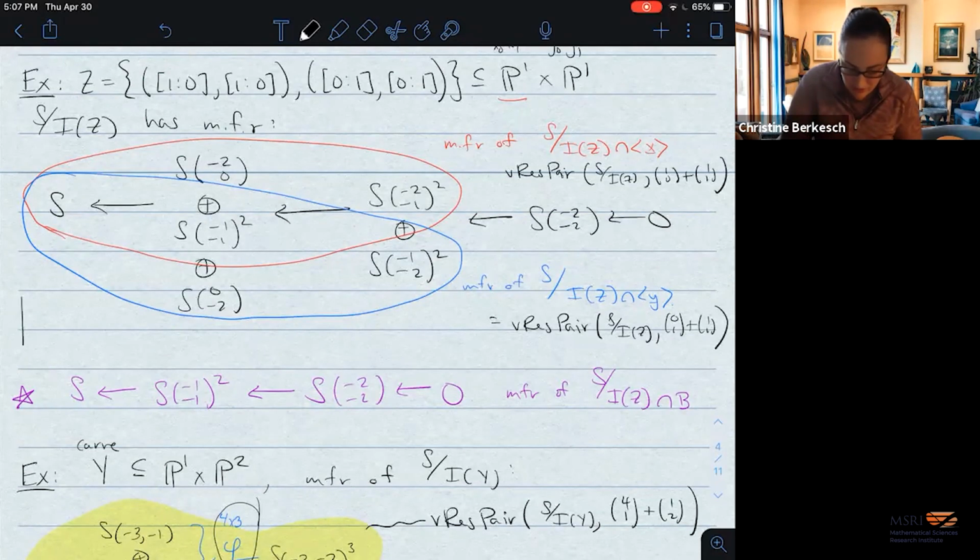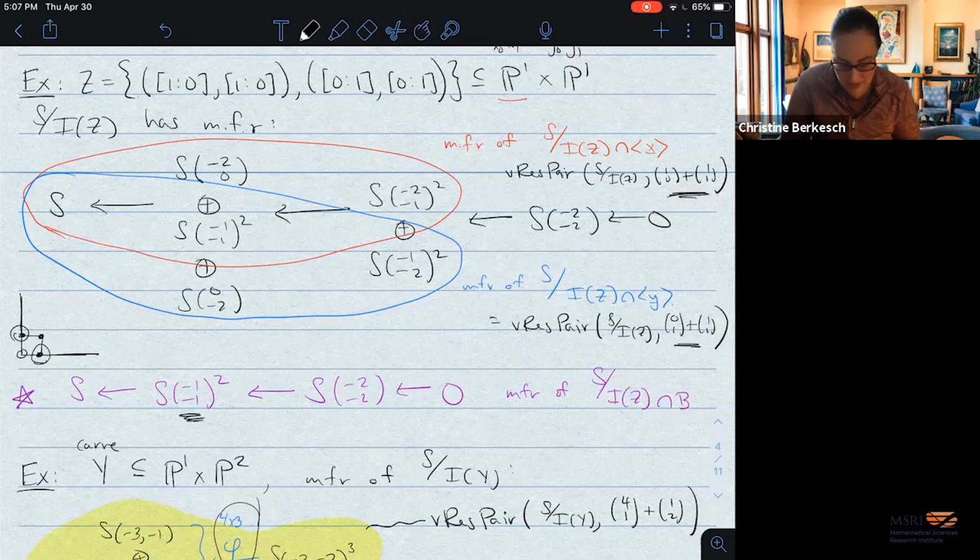Maybe I should say here, the regularity here is, if we look in the orthant, we're missing the origin, but then we have all of these. And so this v-res of a pair is somehow coming from this point, and this is coming from this point.